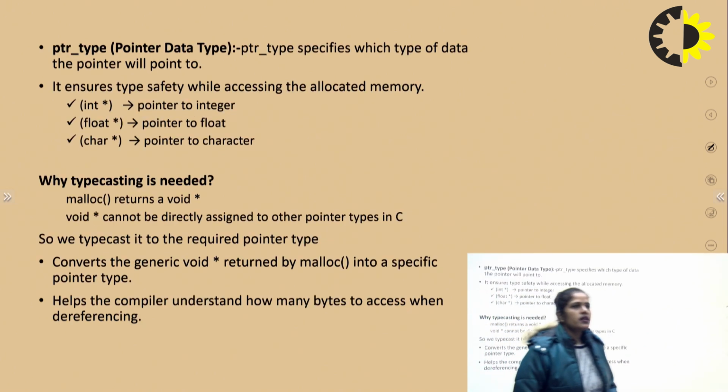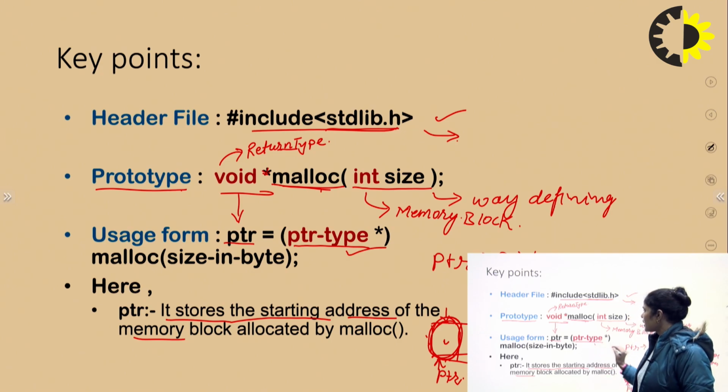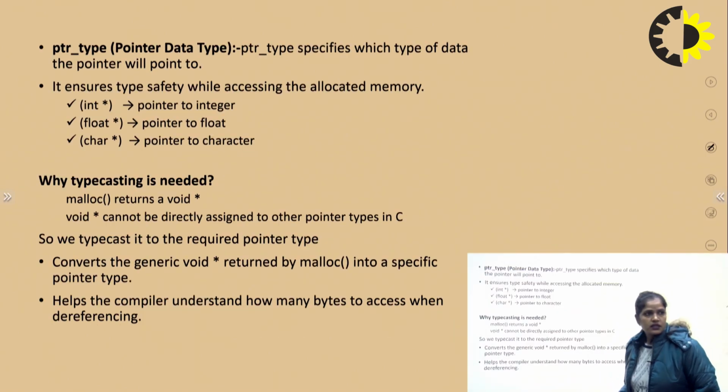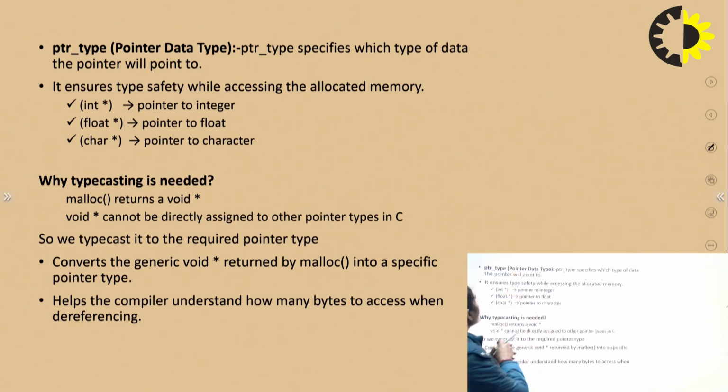Next, in this line, the next term is ptr type. ptr type is nothing but a typecasting, right? How it will work, let's see in this explanation. ptr type tells about the pointer data type.